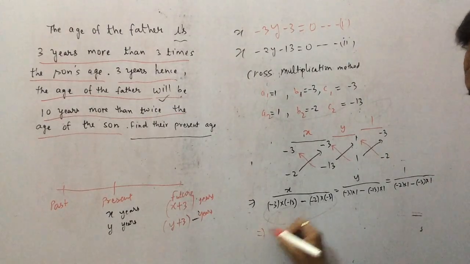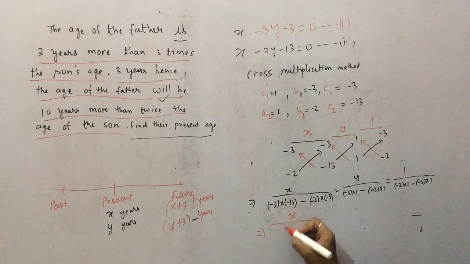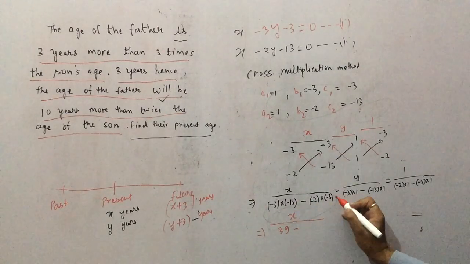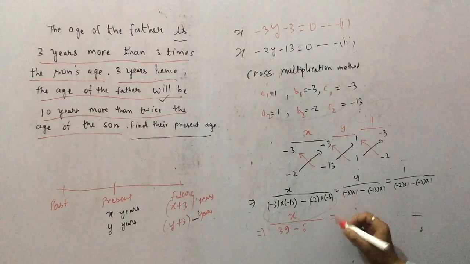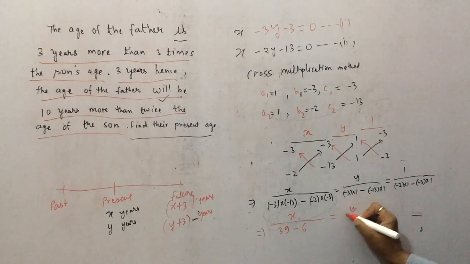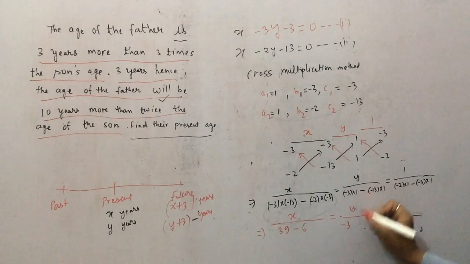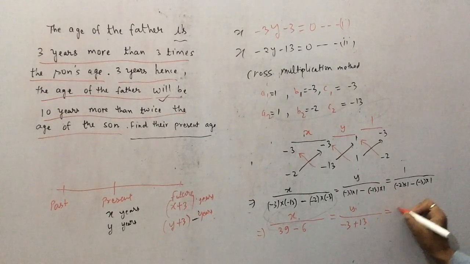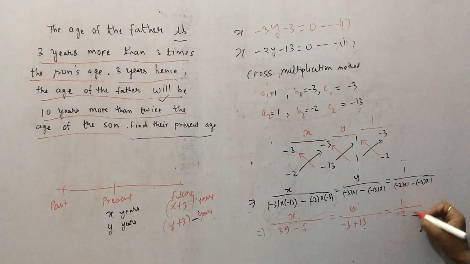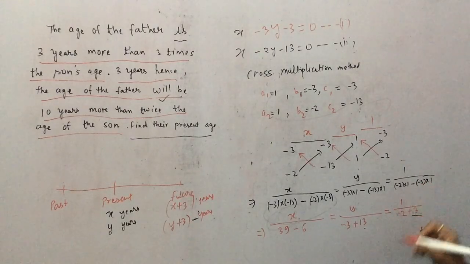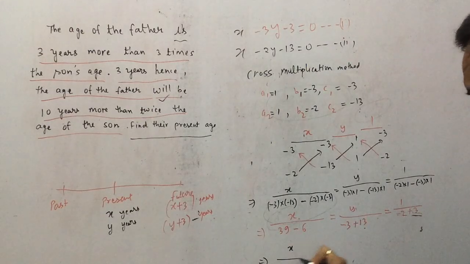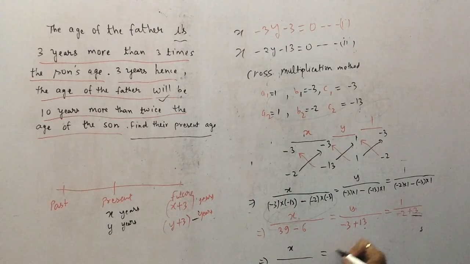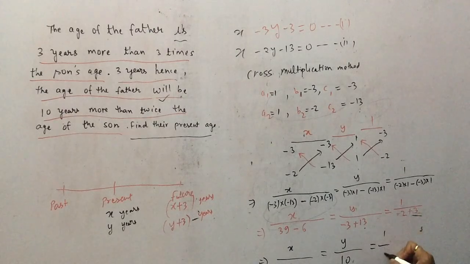Now solve this. Minus 13 times 3 is 39, plus 3 times 2 is 6, and y upon minus 3 plus 13, 1 upon minus 2 plus 3. Here you would get x upon 33 equal to y upon 10 equal to 1 upon 1.